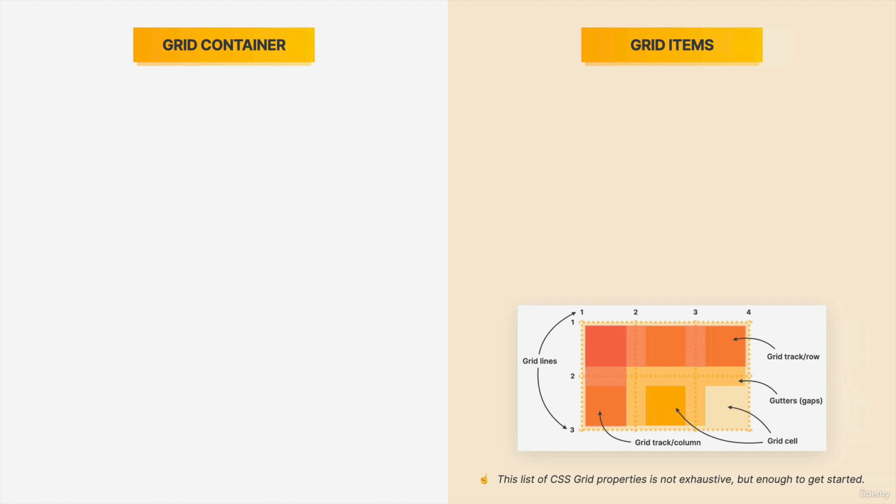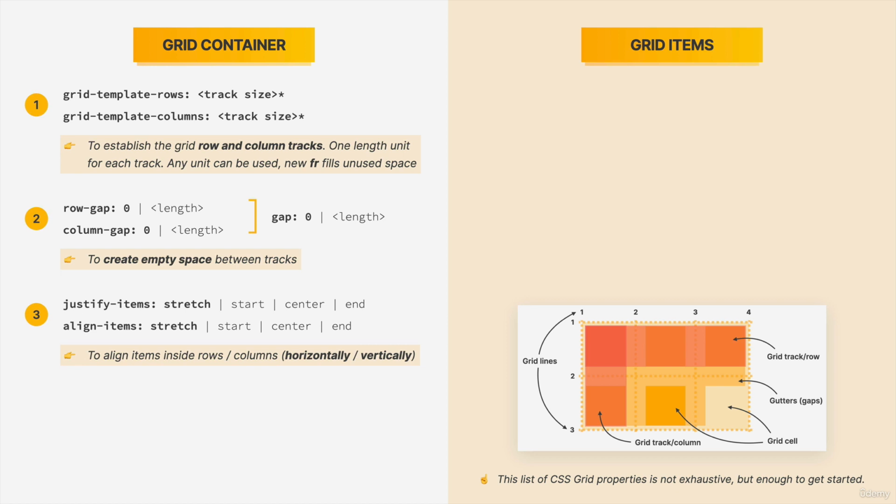And now to finish, just like in the Flexbox lecture, let's take a look at an overview of some of the properties that we can use on the grid container and on the grid item. Starting with the properties for the grid container, the most important ones are grid-template-rows, grid-template-columns, the column-gap and row-gap, which together make up the gap property, and then also justify-items and align-items, which we can use to align the items inside rows or inside columns.